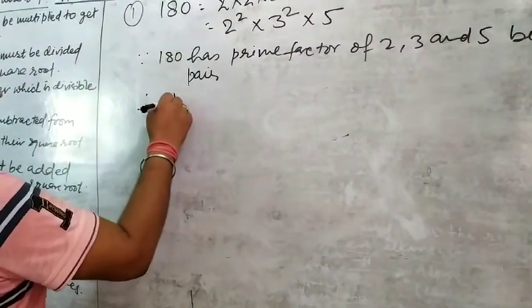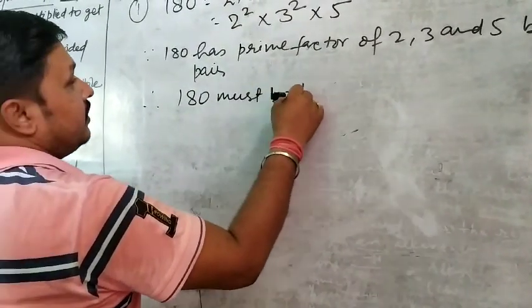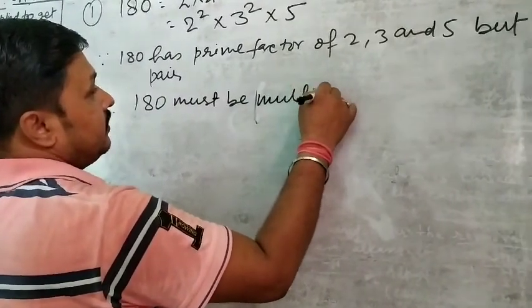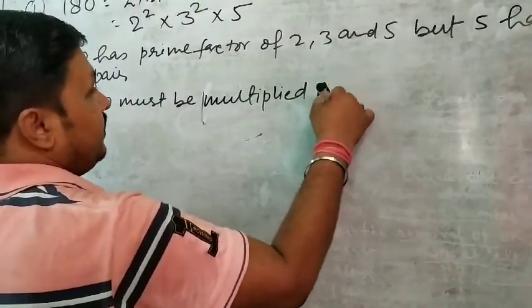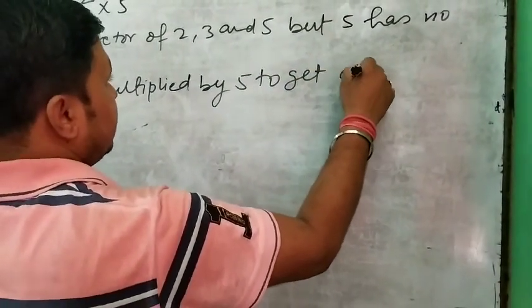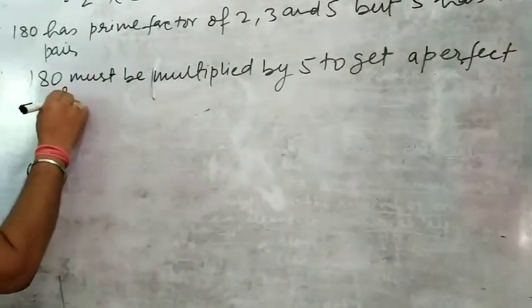So 180 must be multiplied by 5 to get a perfect square.